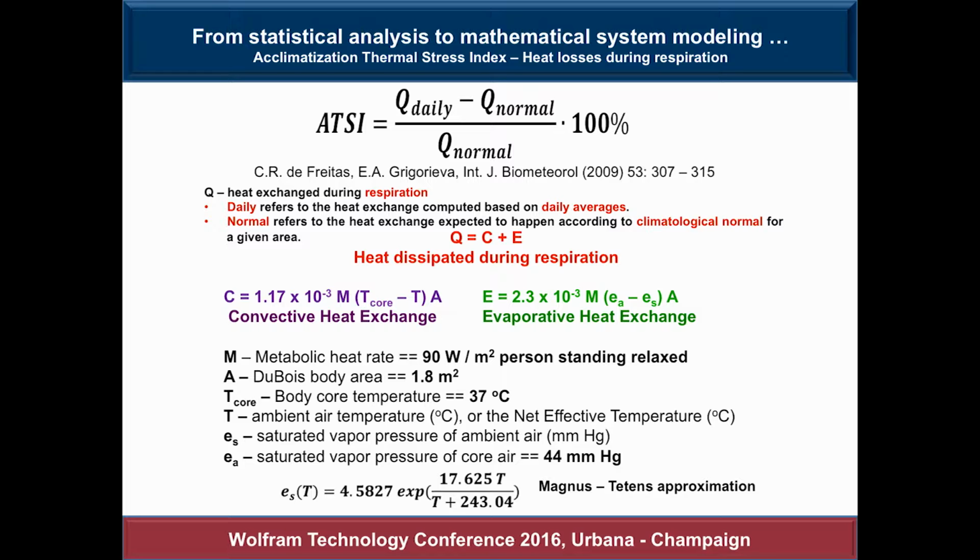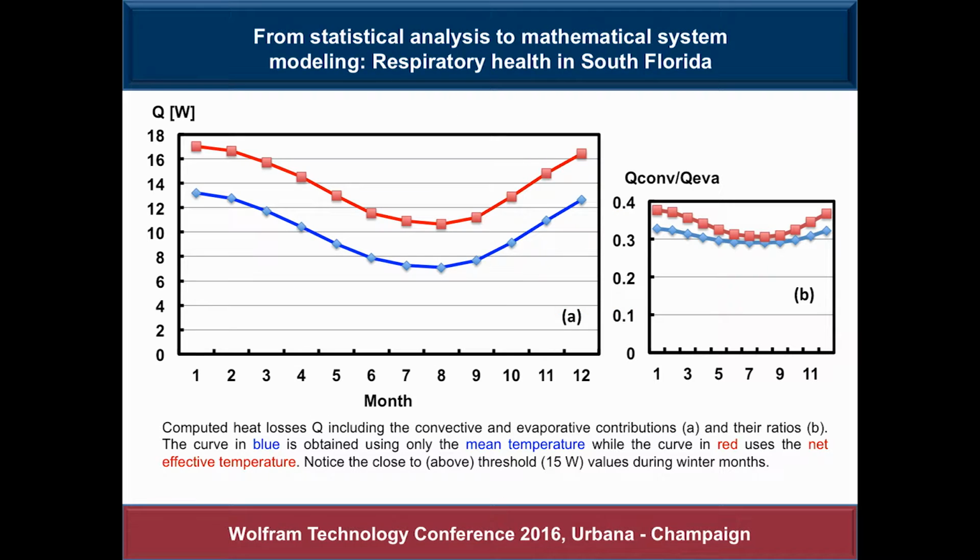Okay, we're looking at that, and we computed how much thermal stress you might get depending on the month of the year. And you can see there that in the first months of the year, in January, February, and then you see that again from November to December, you can get the highest thermal stress on the upper respiratory tract.